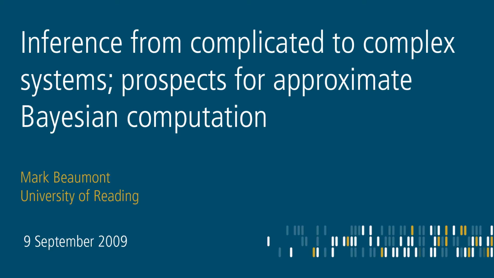So there are a number of different schemes. They're all quite similar, so I'll just talk about the scheme that we worked on, which in many ways follows quite closely the original Sisson et al. method.